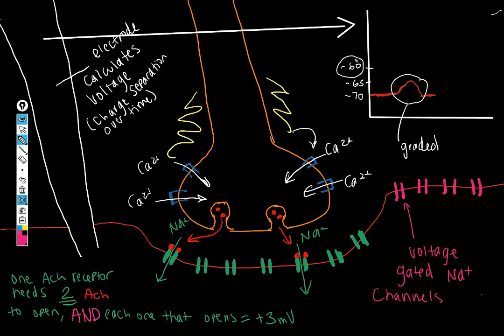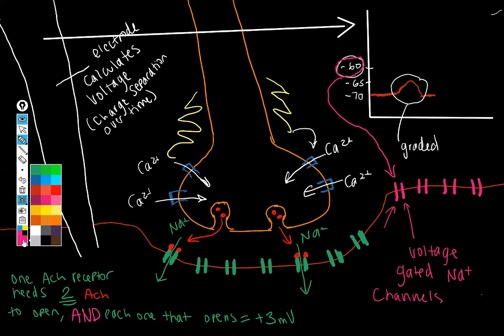So that threshold that I circled is the threshold for these. So what we're trying to do is have enough neurotransmitter leave the axon terminus to get enough of these green guys open so that I get up to threshold, and that makes the graded potential open its neighbors.